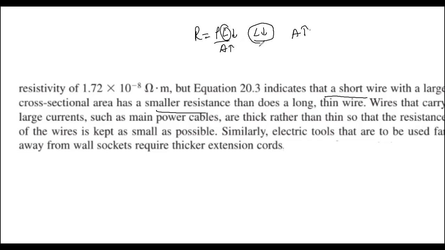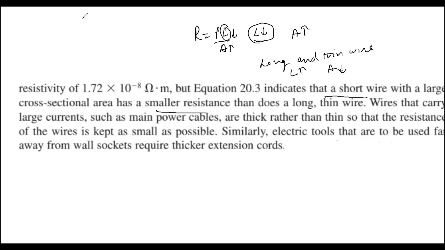Now a long and thin wire. If I'm talking about a long and thin wire, what does that mean? Long means the L value is large, thin means the area is less.